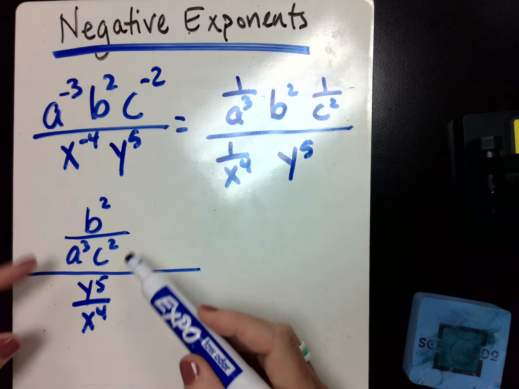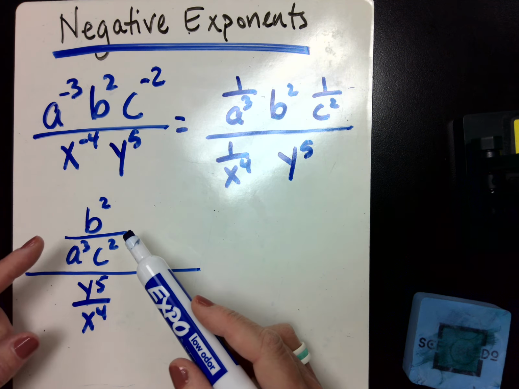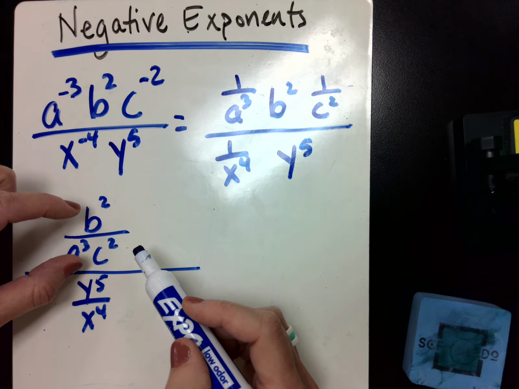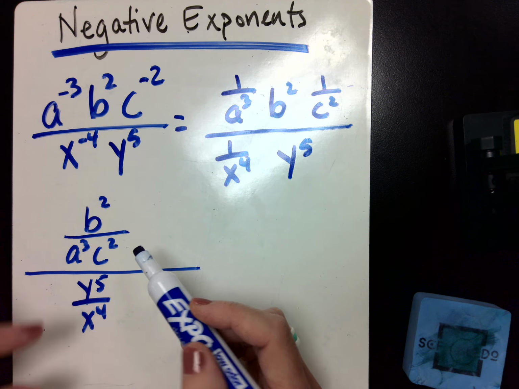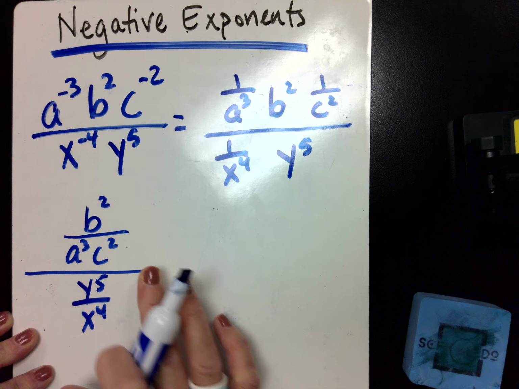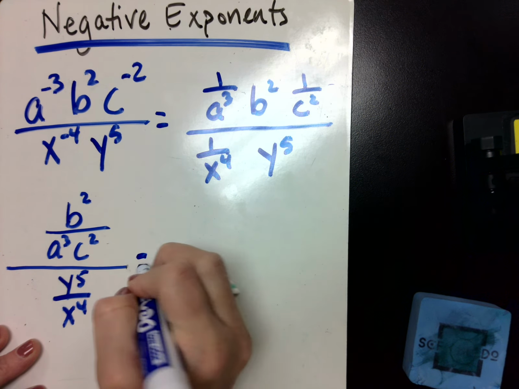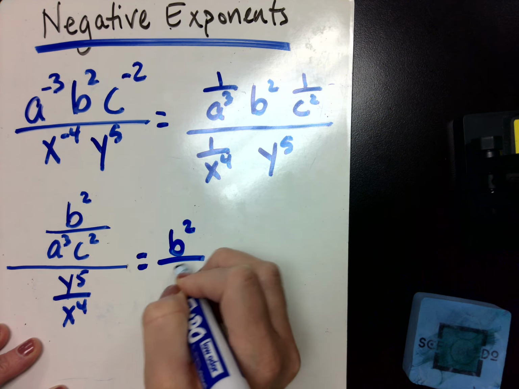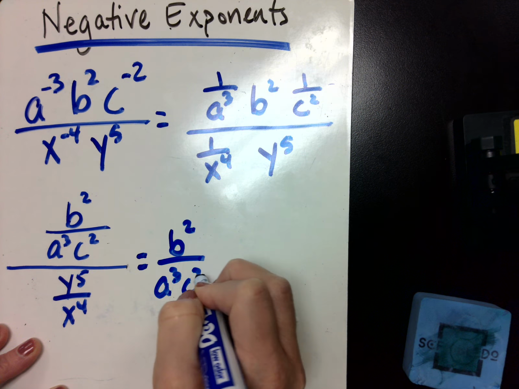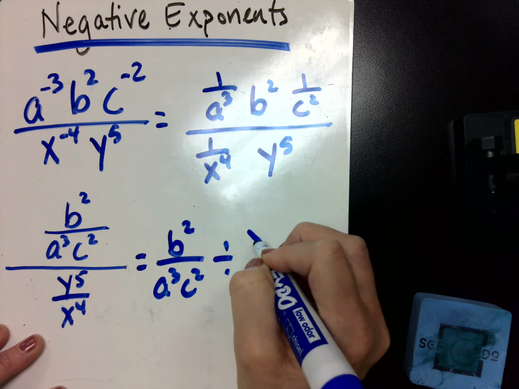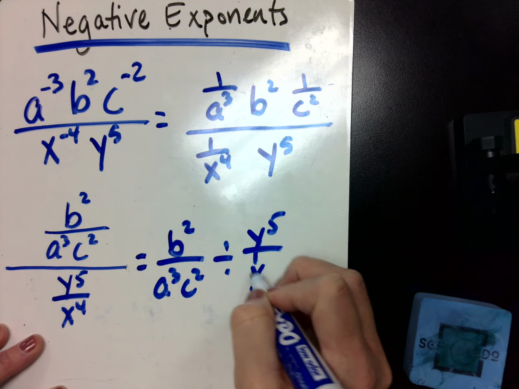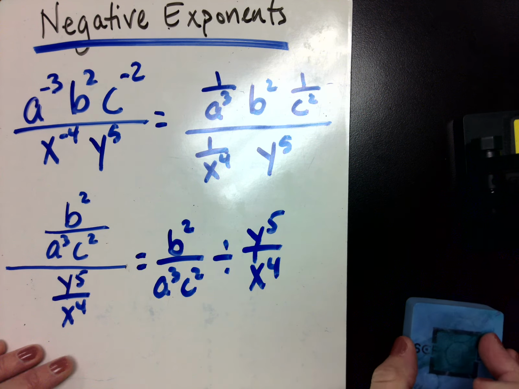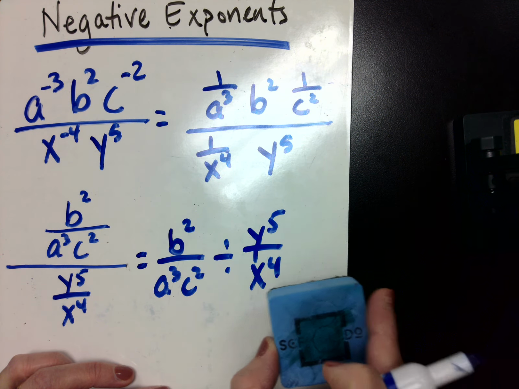Now, we don't normally write stuff like this. You don't have multiple division bars here. But you have a fraction divided by a fraction. That's keep, change, flip. So that means you're going to take b squared over a cubed c squared, and you're dividing that by this. Well, dividing by a fraction is the same thing as multiplying by the flip.